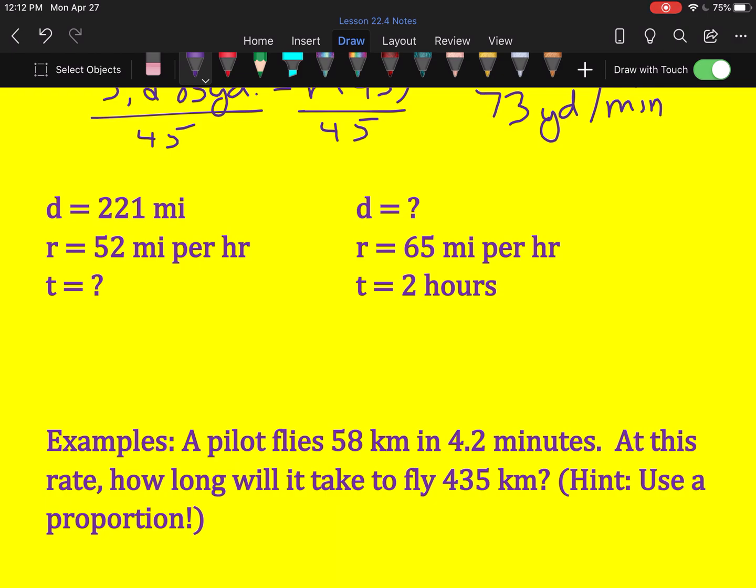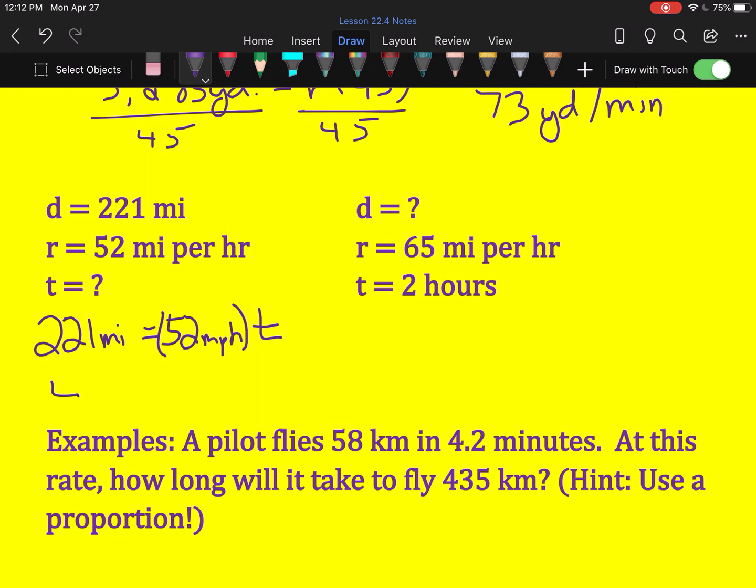So in the next problem, I'm missing time. Distance is 221 miles. Rate is 52 miles per hour. And I don't know the time. So we're going to divide 221 divided by 52.